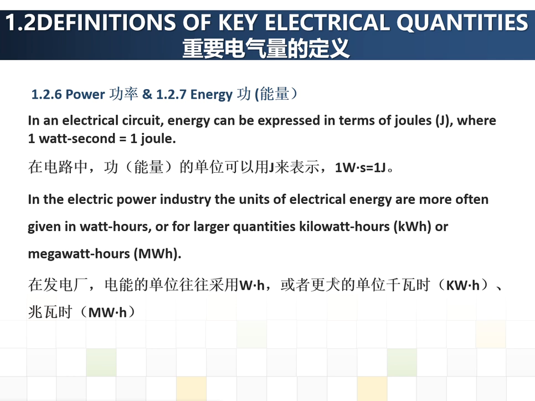For example, in your home, we usually pay electricity in terms of kilowatt hours. For the power generation plant, we usually use megawatt hours to measure the energy produced by the power plants.